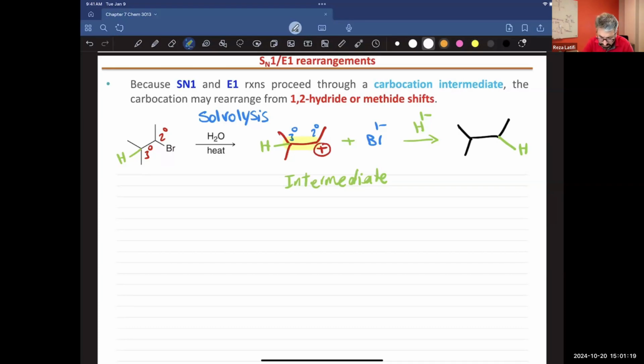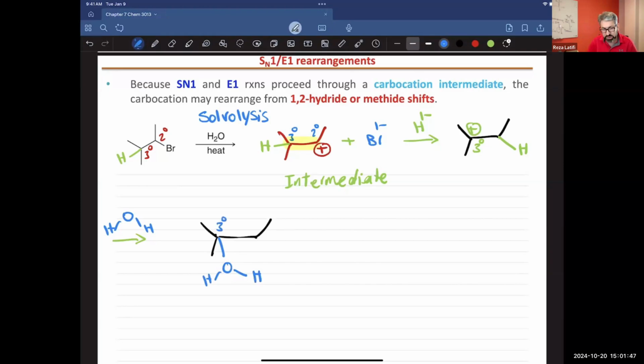Now, what happened? I got an intermediate, and that intermediate is a tertiary carbocation. This intermediate now is going to react with the solvent, and it will give me this product. We have water attached to the tertiary carbon.